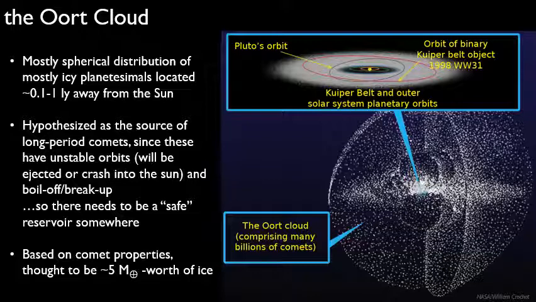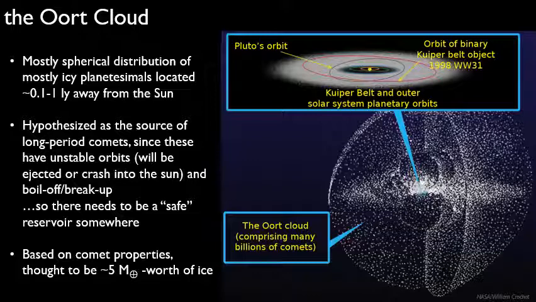We know, just doing relatively straightforward gravitational modeling, that they have unstable orbits. If you have a comet that has a period of like 10,000 years, eventually it's either going to be ejected from the solar system or it's going to crash into the sun. And so that can't have existed for all eternity orbiting like that.